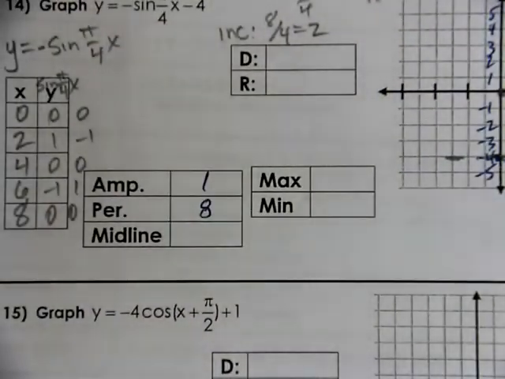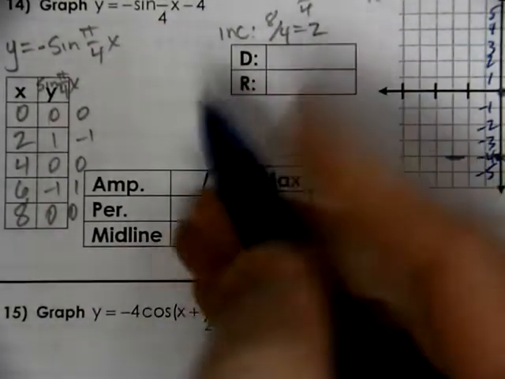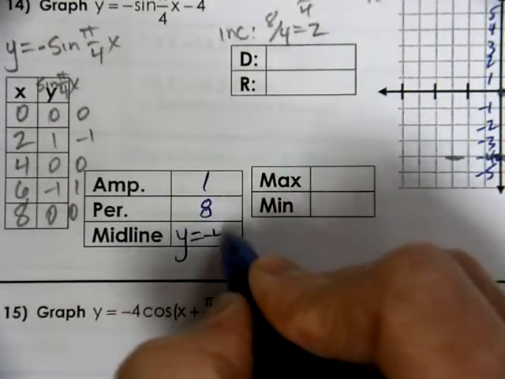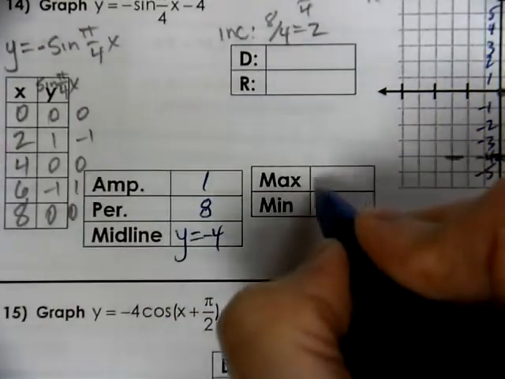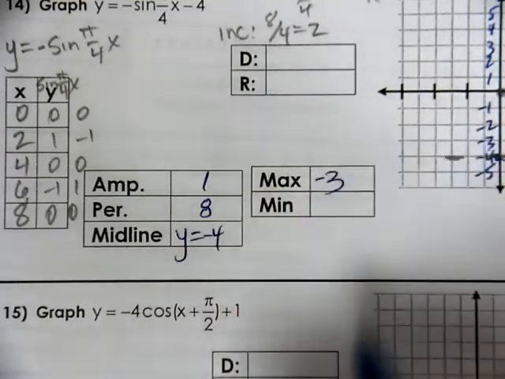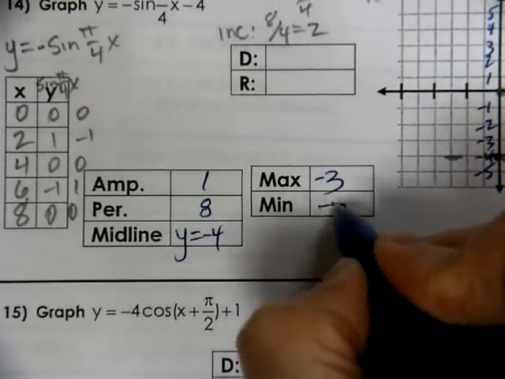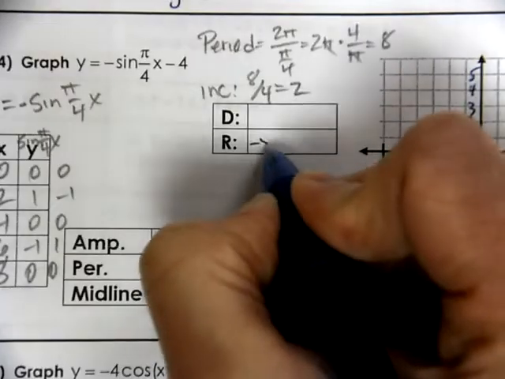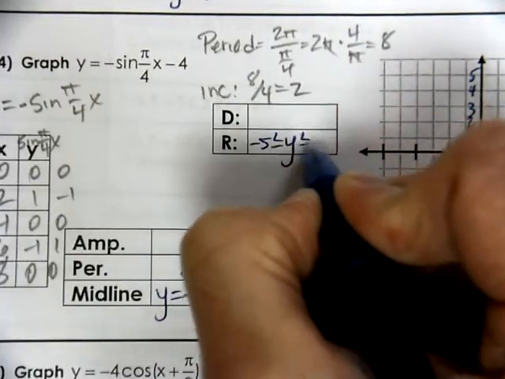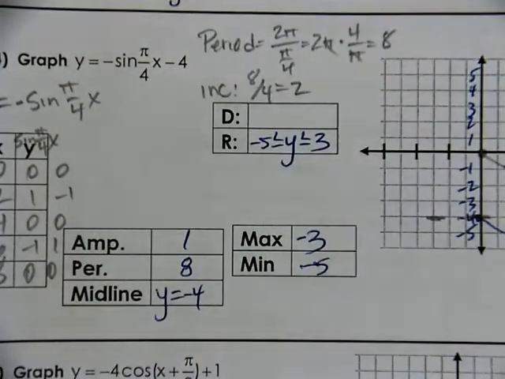The K value. The highest number is negative 3. The lowest number is negative 5. So we're going from negative 5 to negative 3.